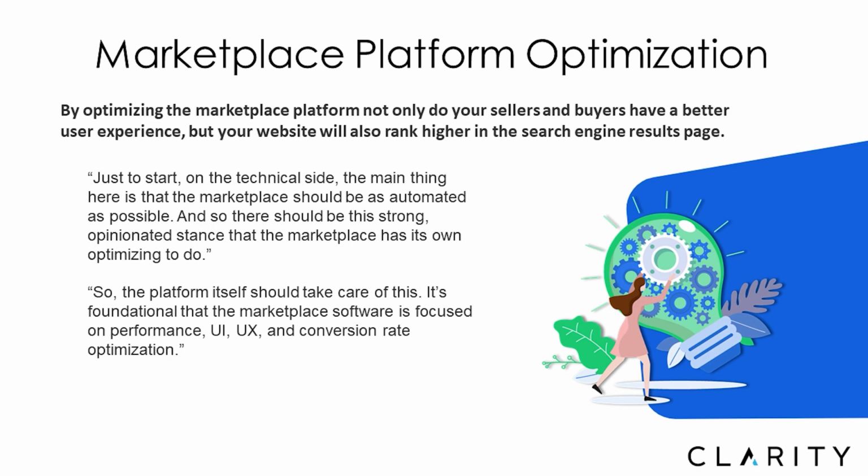And so there should be a strong opinionated stance that the marketplace has on its own of basically optimizing, like you said, images and page load speed. And so the platform itself should really take care of this. And this should be an opportunity for your internal team that's working on your marketplace, and really just something that's foundational with your marketplace software, that it is focused on performance. And that's just a fundamental.